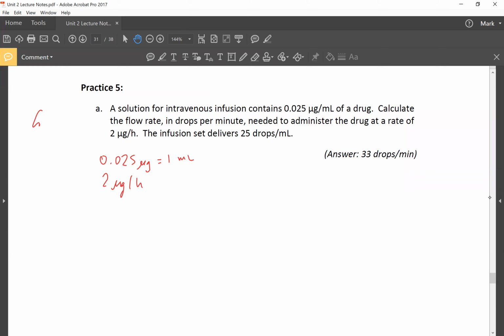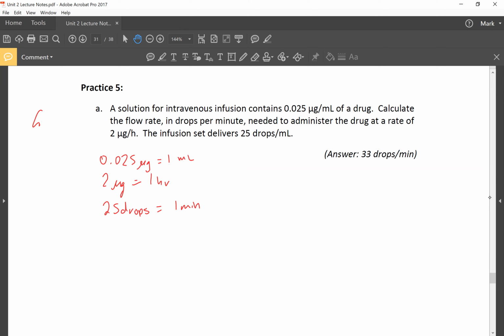And I also know that the infusion set itself can deliver 25 drops per minute. We're going to do these conversions so we can get to drops per minute.